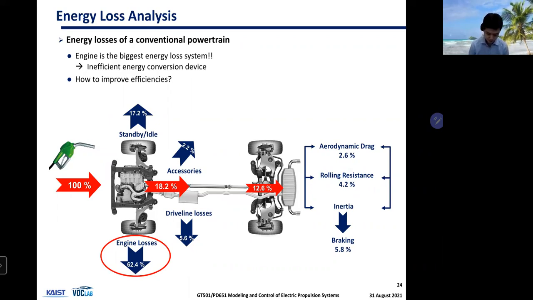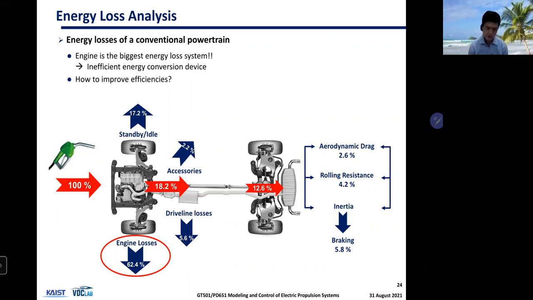So let's take a look. When you put fuel into the engine, by the way, this is a conventional internal combustion engine powertrain.